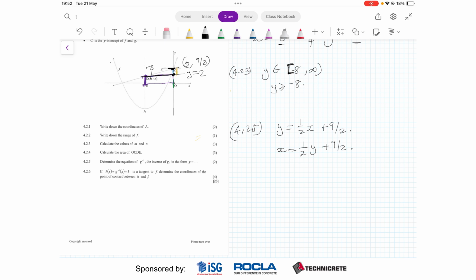Now, what we need to do here is rearrange it so that y becomes the subject of the formula. So from here, we're going to have 2x is equal to y plus 9. Therefore, y is equal to 2x minus 9. And that will be the equation of our inverse.